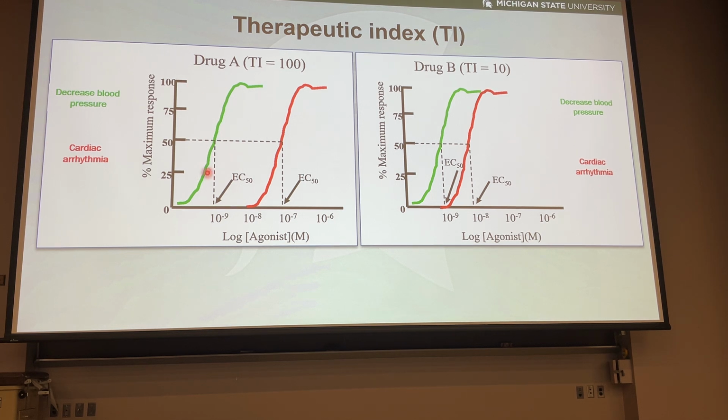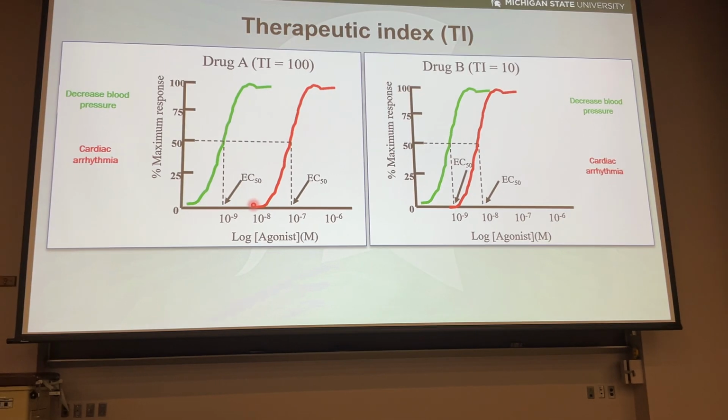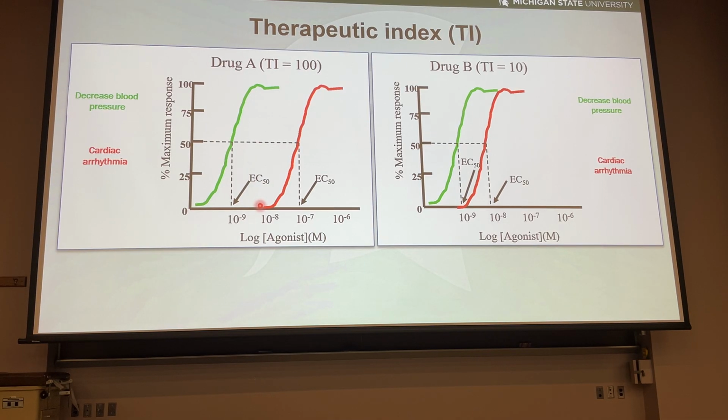Drug A, however, as we can see in the green line here, has this maximal effect here. Our EC50 is here, but we can see you need 10 to the minus 9 molar of this drug to have a therapeutic response. But you keep dosing with that drug, or you keep adding more drug, and you get to the toxic effect.